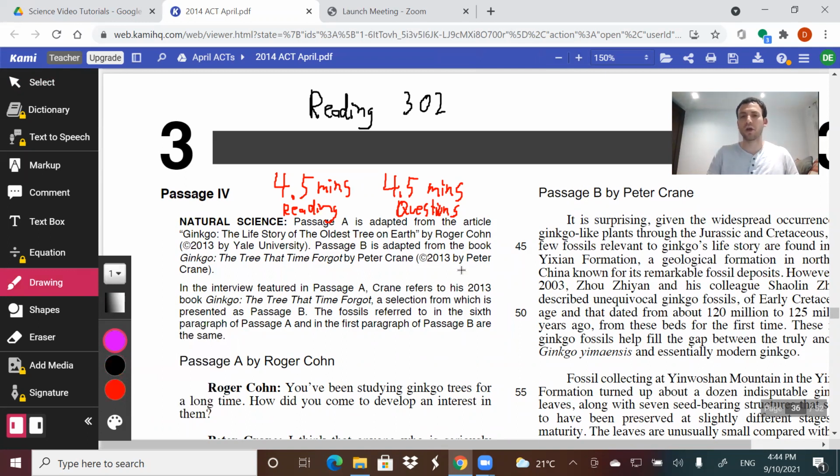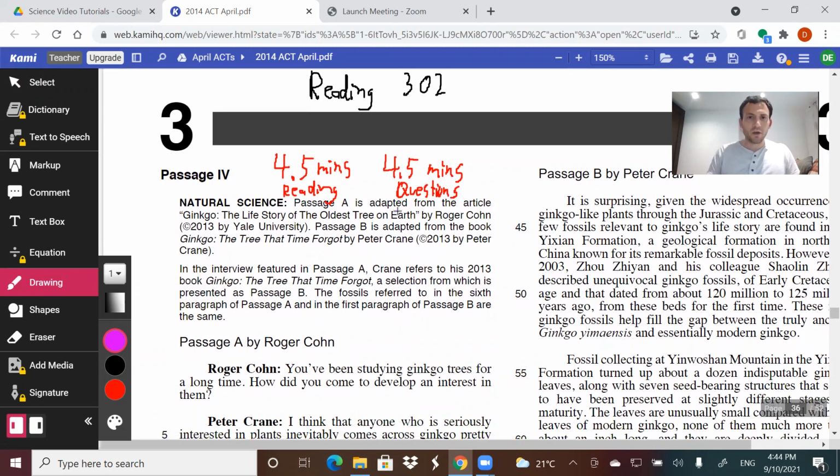We'll read passage A first, answer passage A questions, passage B second, answer passage B questions, and the ones that pertain to both. Okay, so let's do it. Passage A is adapted from the article Ginkgo, the Story of the Oldest Tree on Earth by Roger Cohn, from 2013.